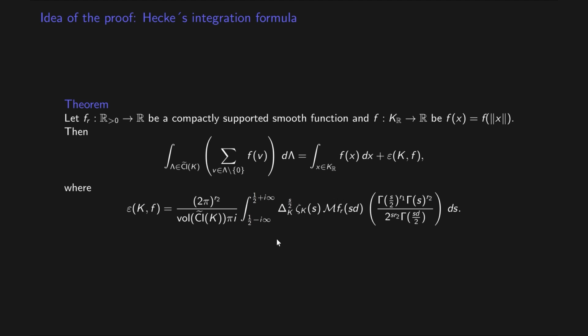And here we have a contour integral over a vertical line of a product of the Dedekind zeta function associated to our number field, the Mellin transform of our function f, and this gamma factor associated to the field.